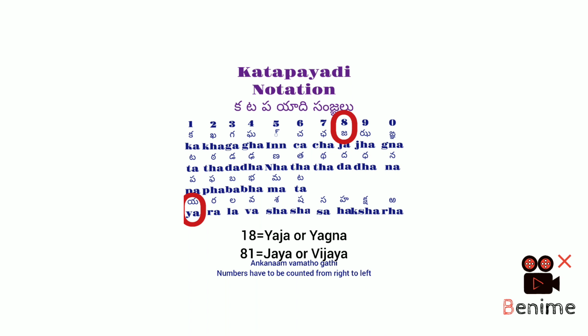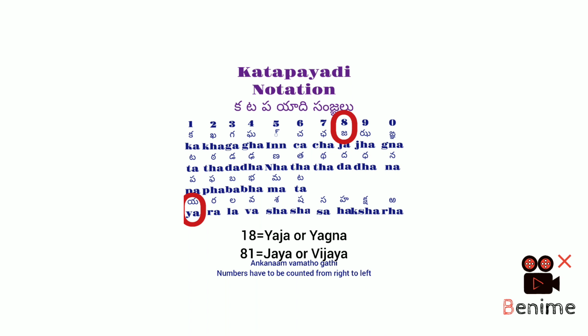In it, they associate the letters of Devanagari Lipi with numbers 1 to 9 and 0. 1 to 9 are 9 and 0 is the 10th. So, you can see number 1 is associated with letter Ya and number 8 is associated with Ja.